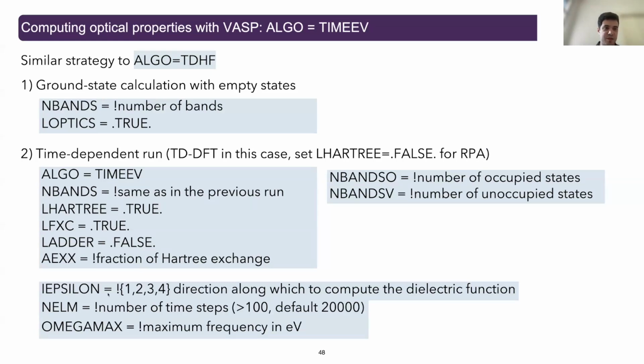First is IEPSILON, which tells VASP the direction along which to compute the dielectric function, with 1 being x, 2 y, 3 z, and 4, all of them. And NELM, the number of time steps. And here, if you do not want to use the default, which is 20,000, you should set a value which is larger than 100. And you should also set OMEGAMAX, so the maximum frequency in electron volt that is going to be used in your integral.